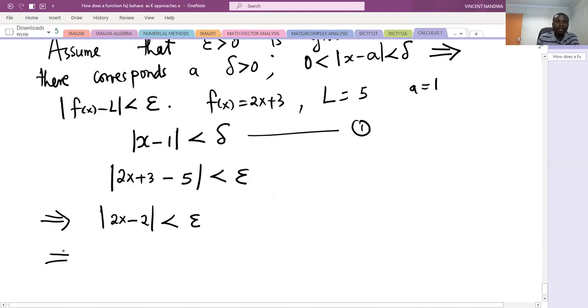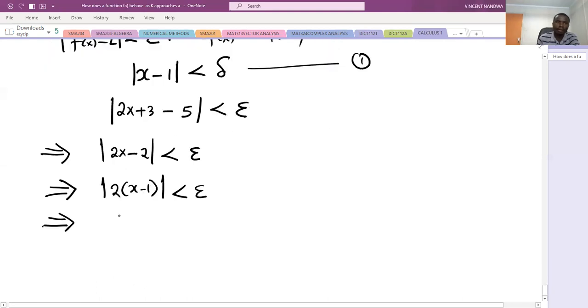And then this implies that absolute value of 2 into x minus 1 is less than epsilon. And this means that absolute value of 2, absolute value of x minus 1 is less than epsilon.